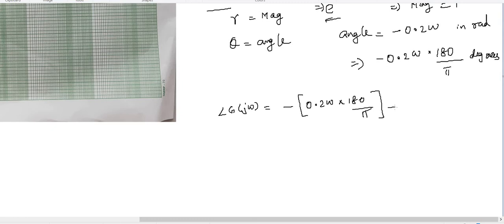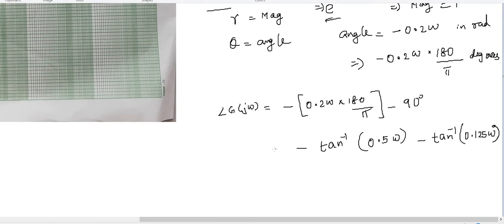Now there is an integral factor, an s factor in the denominator, so corresponding to that there will be an angle of minus 90 degrees. Corresponding to the first order terms, the angle is minus tan inverse 0.5 omega and minus tan inverse 0.125 omega. This is the expression for the angle of G(j omega).